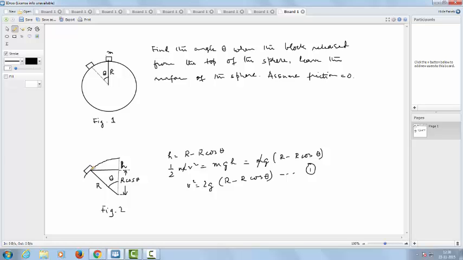The weight of the block is m g, and because this angle is theta, the component of the weight will be mg cosine theta.